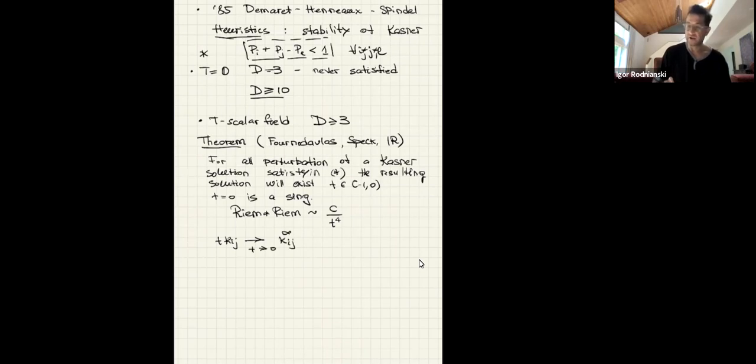And the eigenvalues of this matrix, with eigenvalues p_i infinity. Now, here's an interesting twist. These eigenvalues, unlike the Kasner solution, where p_i is a constant, will actually depend on the point x. And this is why I called it a generalized Kasner solution. So there's convergence in that sense.